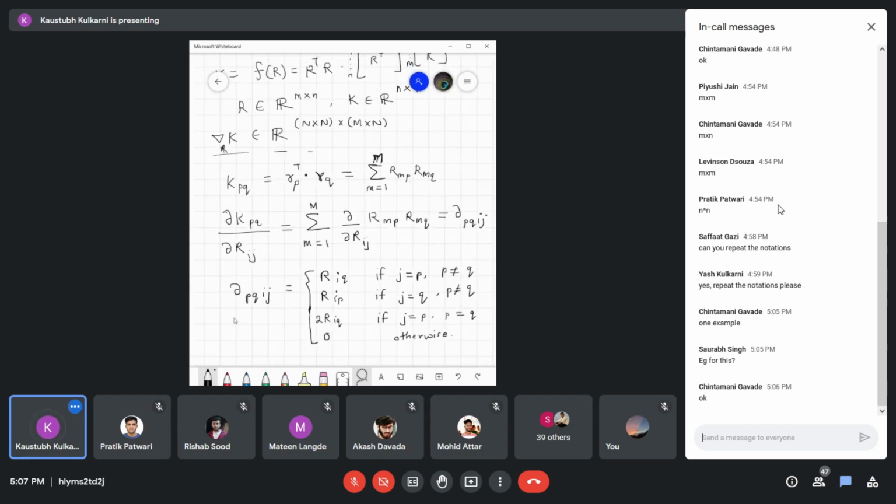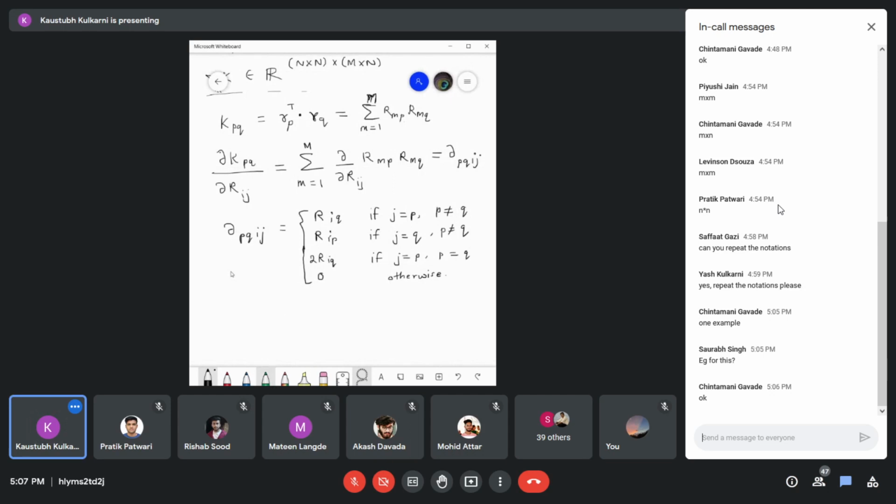Now p, q, i, j. P, q are the dimensions of K. So p, q vary from 1 to n, obviously, because the dimensions of K are n cross n.